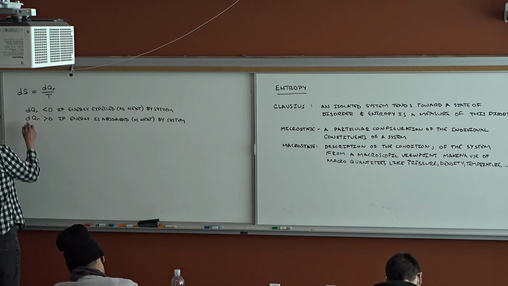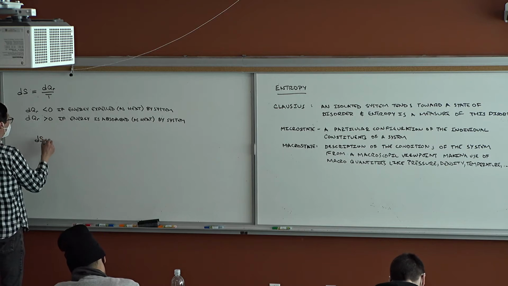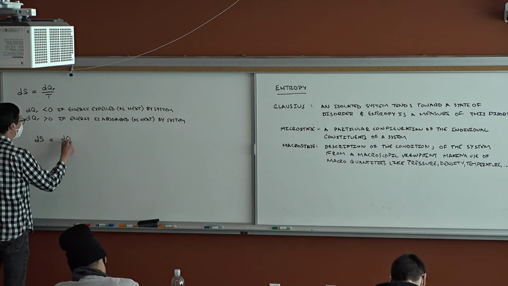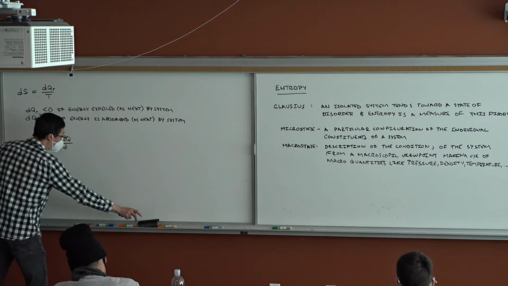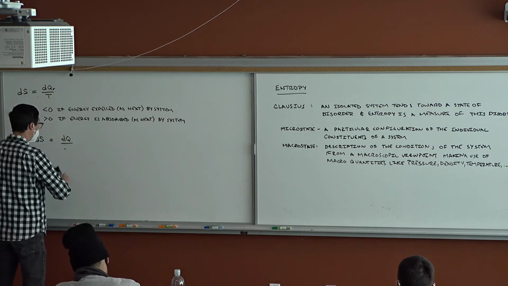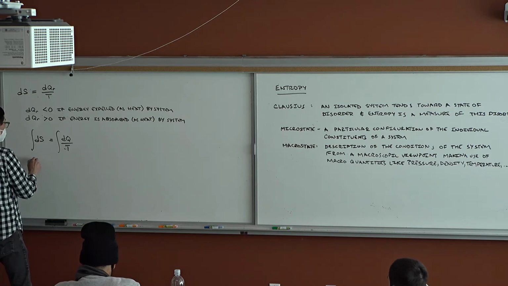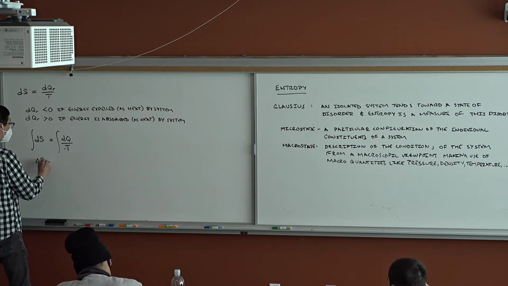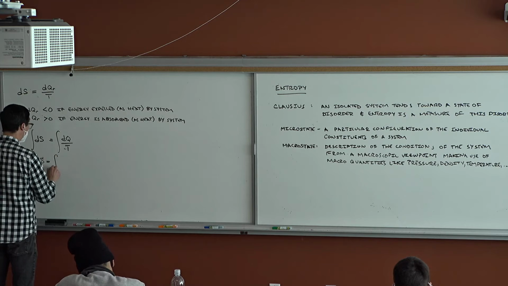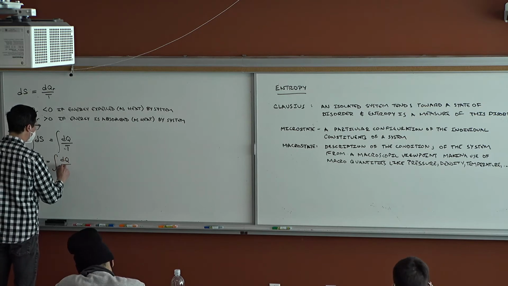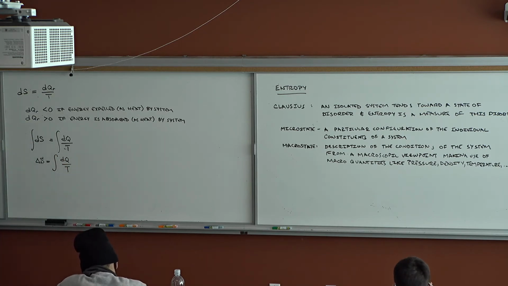And so if I integrated both sides, what I get on this side is delta S, and on this side, well, I have dq over T from the initial state to the final state, earlier state to later state. Is that all right?